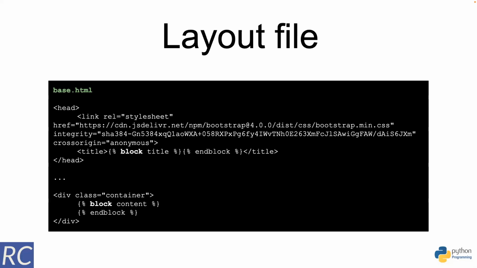A CDN can deliver it really fast to your website's users. For example, you may be hosting your server in the US or in Canada, but you may have someone coming from Singapore or Europe visiting your website. If you hosted bootstrap.min.css yourself, imagine it is 200 kilobytes, it would have to be delivered from the US or Canada all the way to Singapore. So there is a latency cost, right? Your page will render slowly if your resources are coming from a different geographic region.